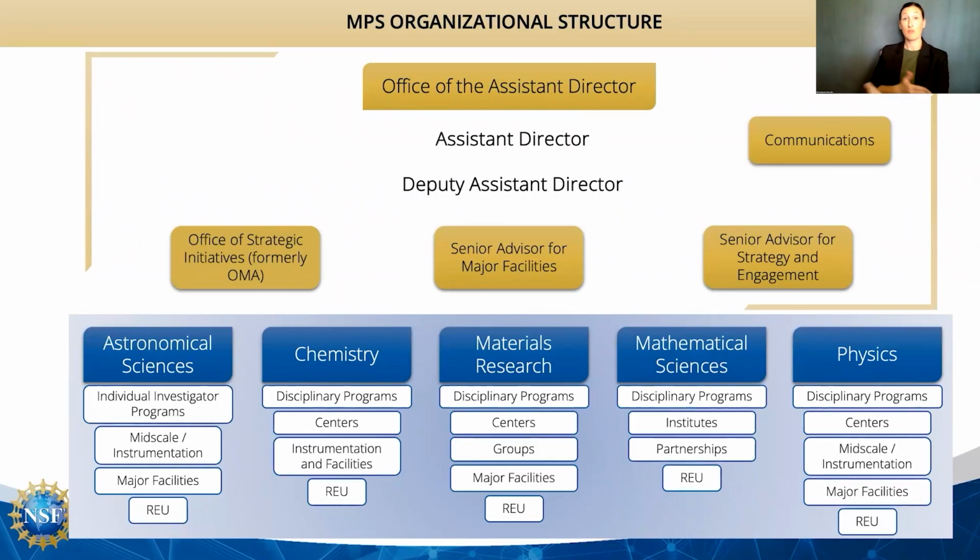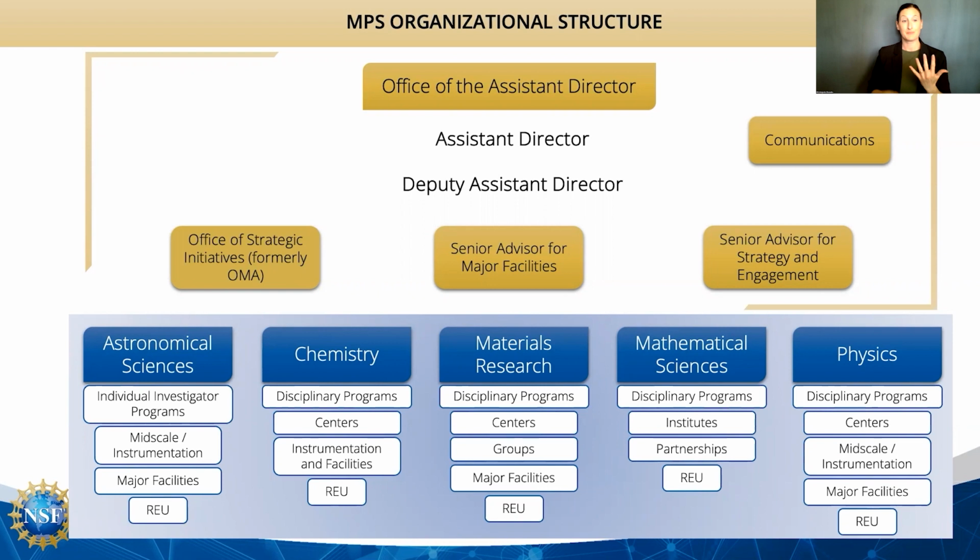So before that, we're going to start with the nuts and bolts of how MPS is organized. As you can see, MPS houses a diverse set of divisions, not assembled around a single unifying scientific discipline, as opposed to biology, which is biology, engineering, which is engineering, and so on. MPS has 5 divisions.